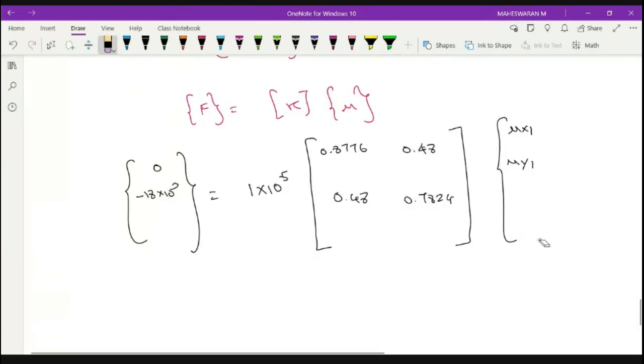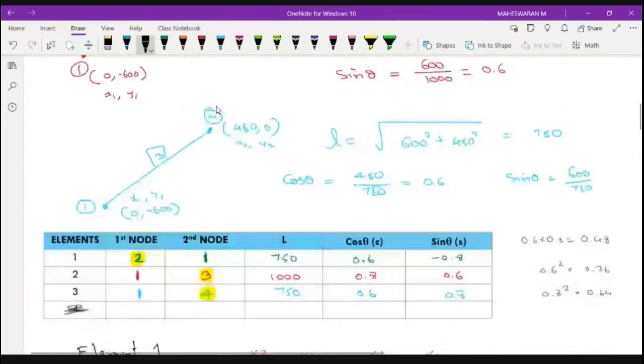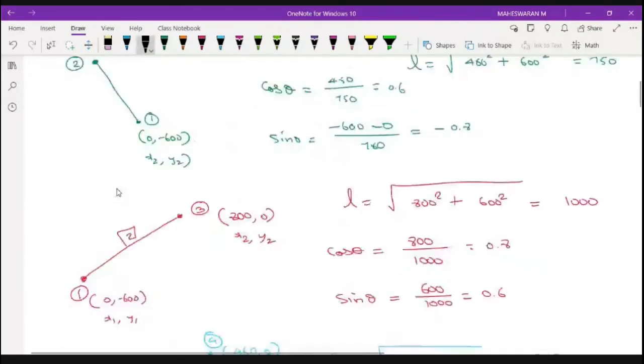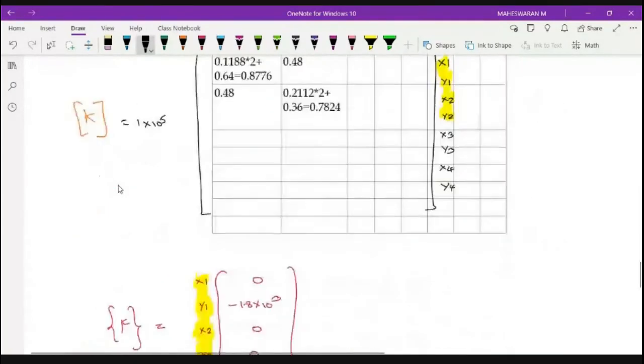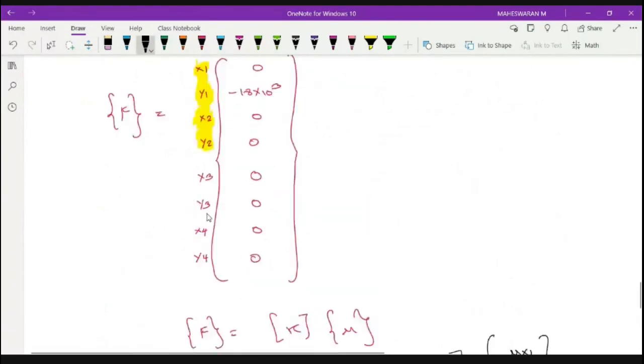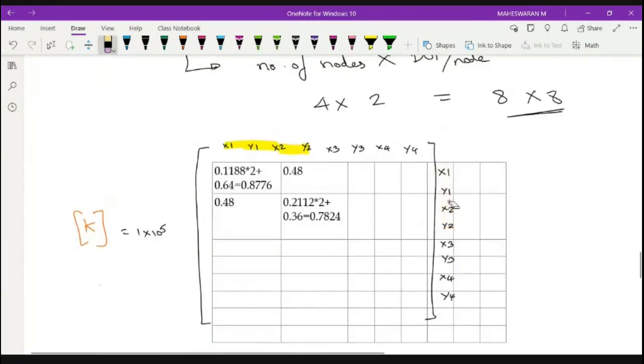And this also will have only two. So you have only nodal point 1. Look at the problem. You can see that only nodal point 1 is having displacements. Other nodals are all fixed. In that case, you have only that first node, which is ux1, uy1, right? Remaining is all 0. So only x1 and y1. So we will have something like that.